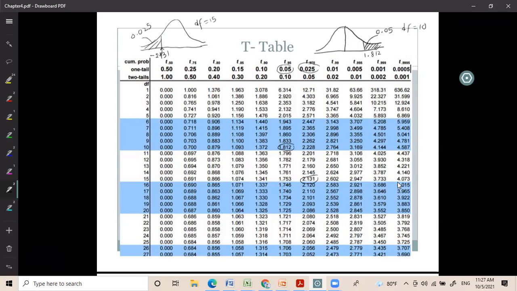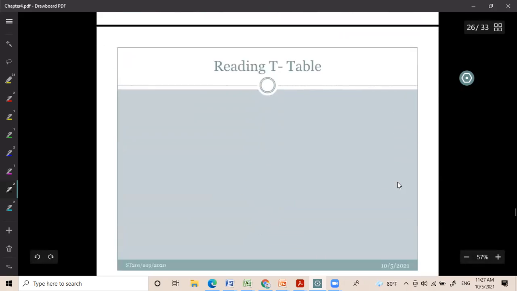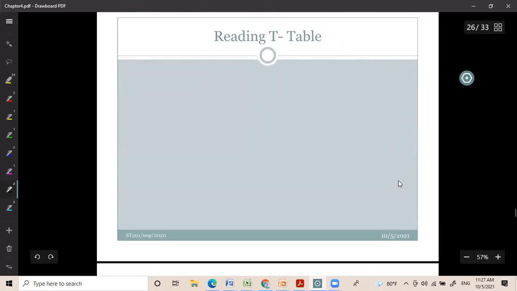Now what is this two tails? Now suppose you want to find, here's my T distribution. I want to find the T scores where it should be symmetric. Okay, this is 0.025, this is 0.025. So both tails contain 0.05.